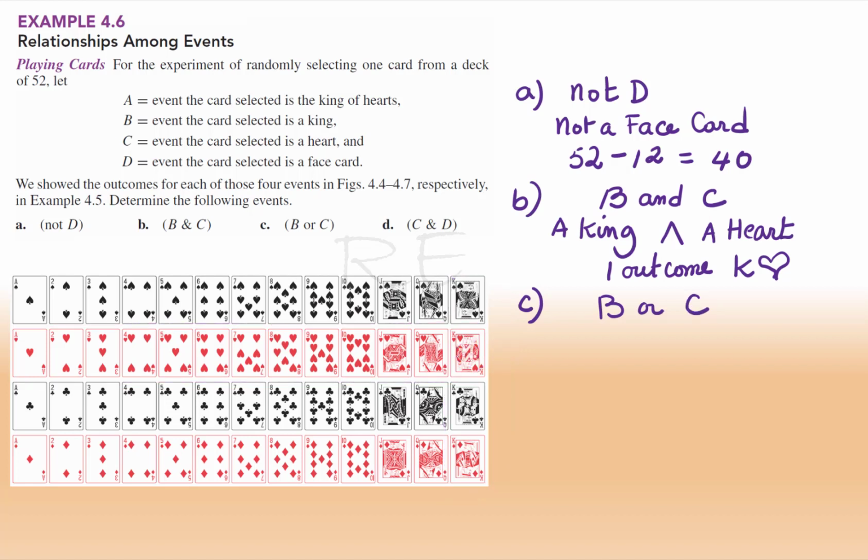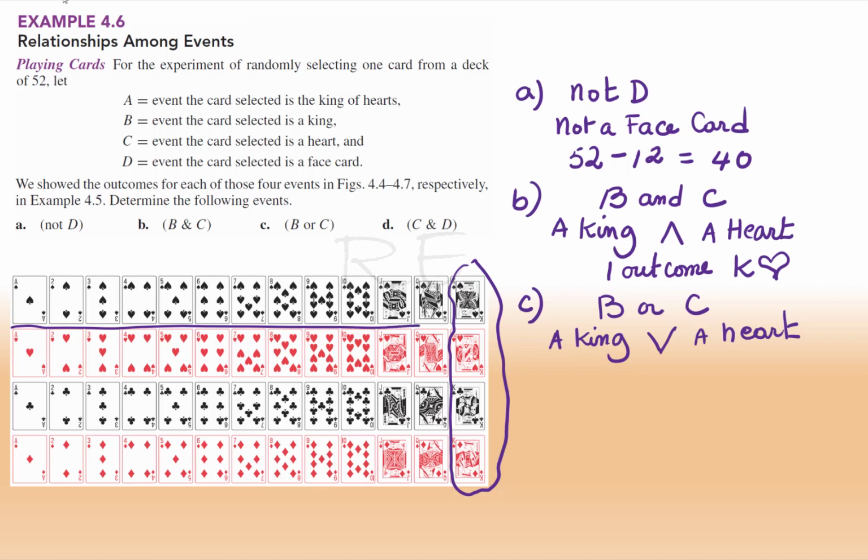For C, it's B or C. So the event has to be a king or a heart or both. We just have to make sure that we do not double count the overlap. A king, we have 4 kings.